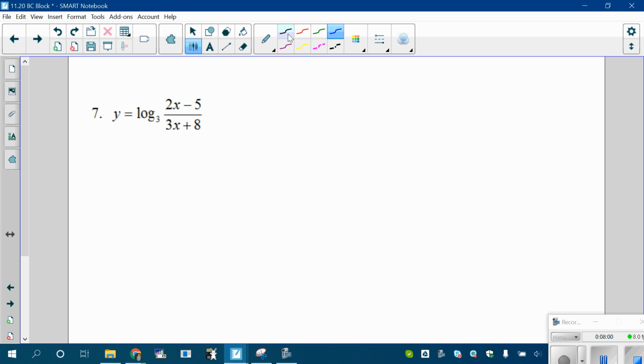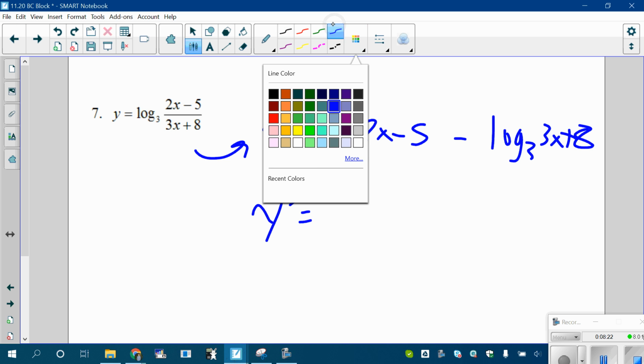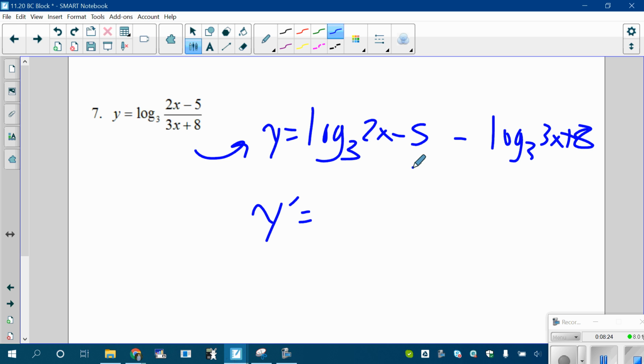If you're doing the derivative of something that looks like this, why don't you take advantage of the fact that it's a log and use some log properties? Why don't we split this up? I'm not doing the derivative yet. I'm just splitting it up using log properties. That way I don't have to mess with the derivative of a log and the quotient rule at the same time. Now that I've split it up, what's the derivative of log base 3 of 2x minus 5?